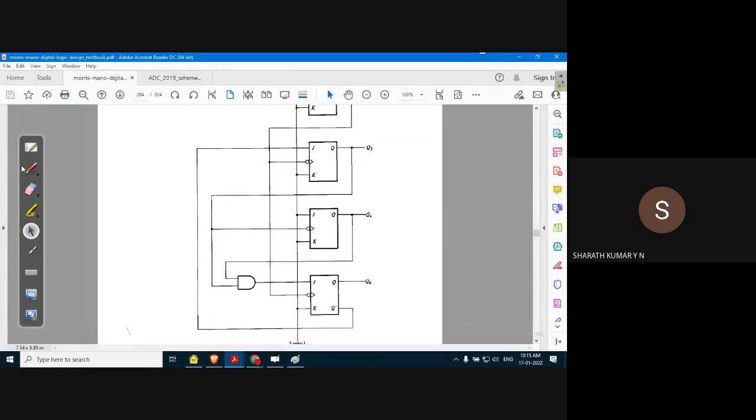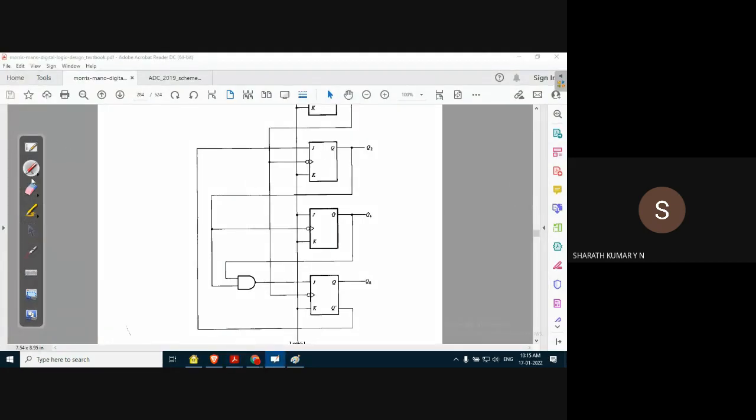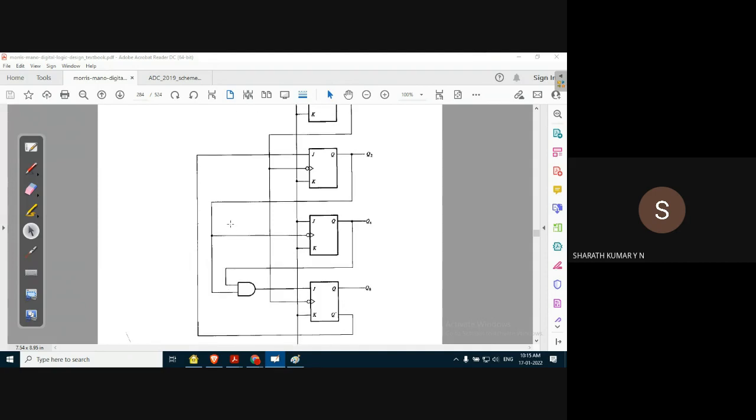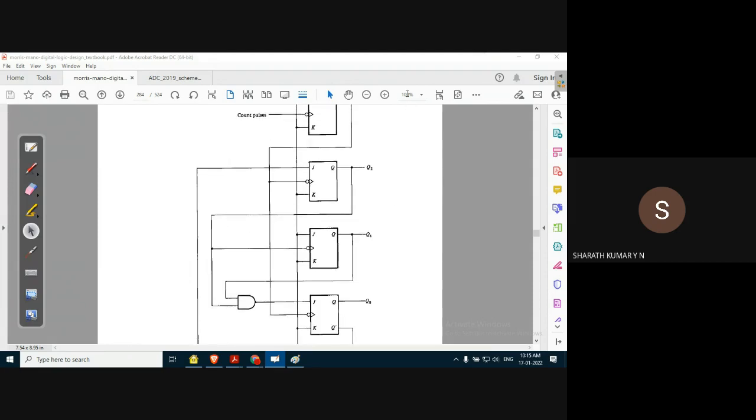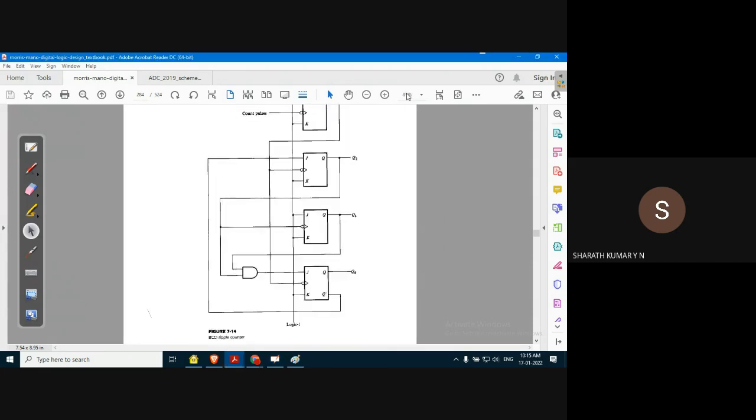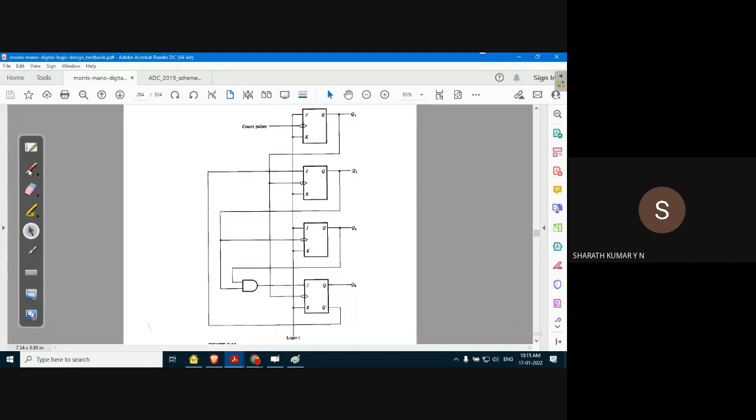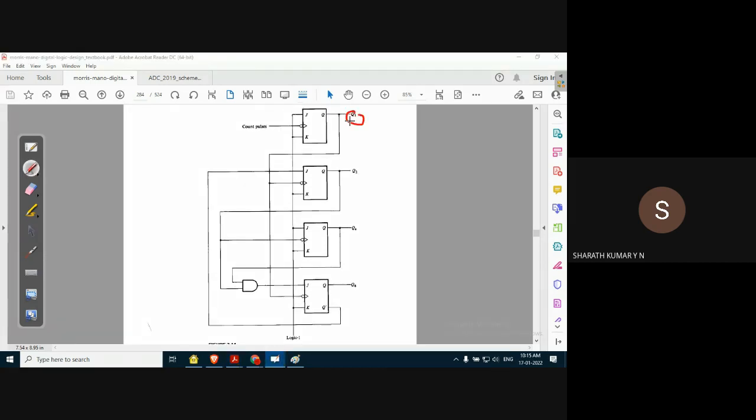So what we observe here is that the output of the first flip-flop, Q1, is fed as a clock input to the next stage. Now for Q2 and Q4, the condition is that they should never go to 1 after the final state of 1001.